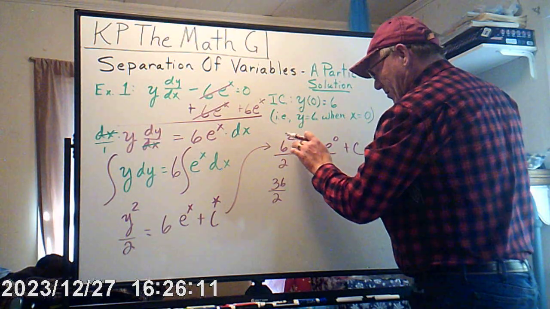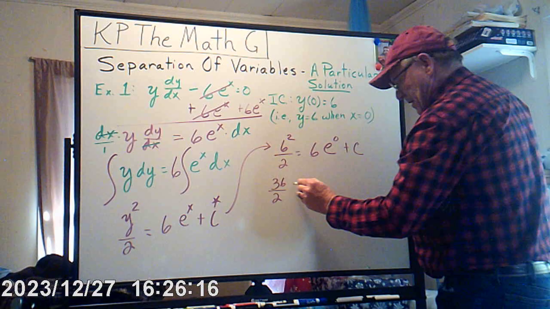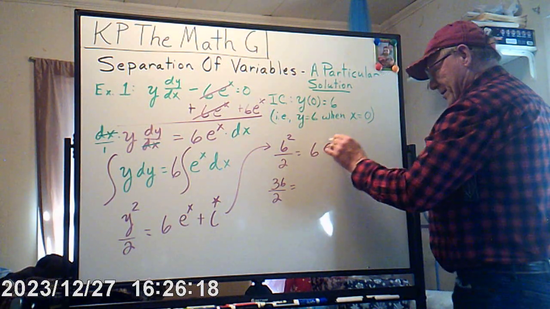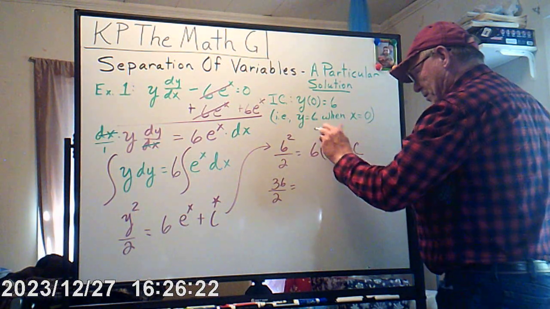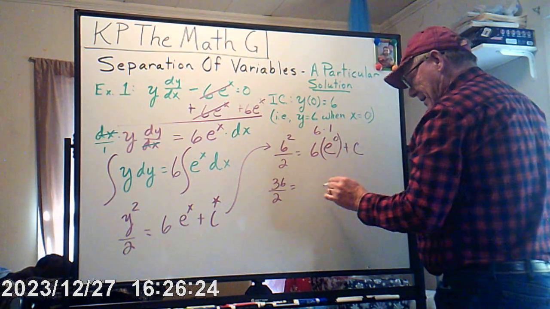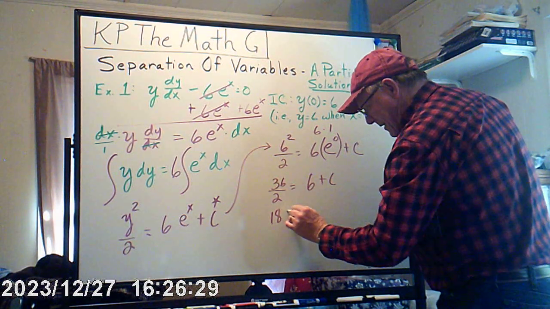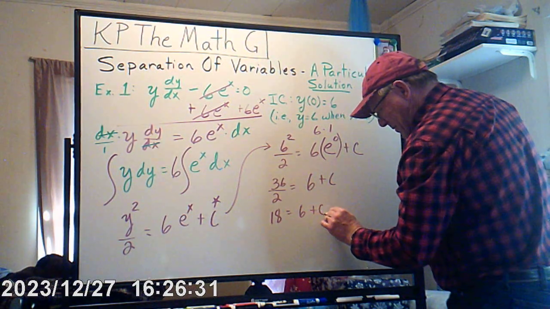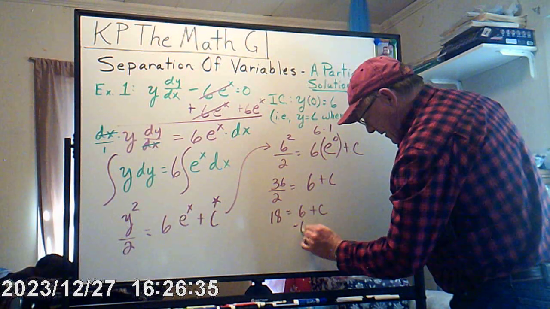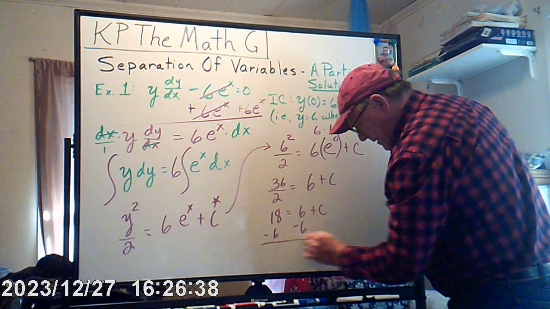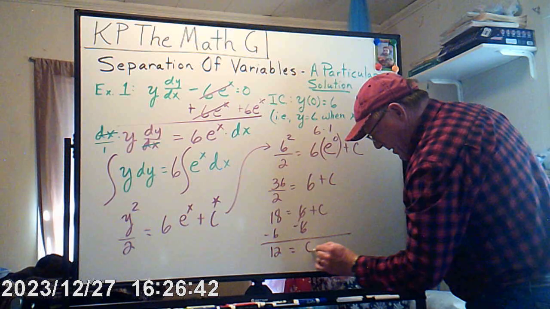Only the 6 is squared, not the 2. Is equal, now e to the 0, what's that? It's 1. So 6 times 1 is 6 plus c. So now we've got 18 is equal to 6 plus c. We're going to subtract 6 on both sides, and we get 12 is equal to c.